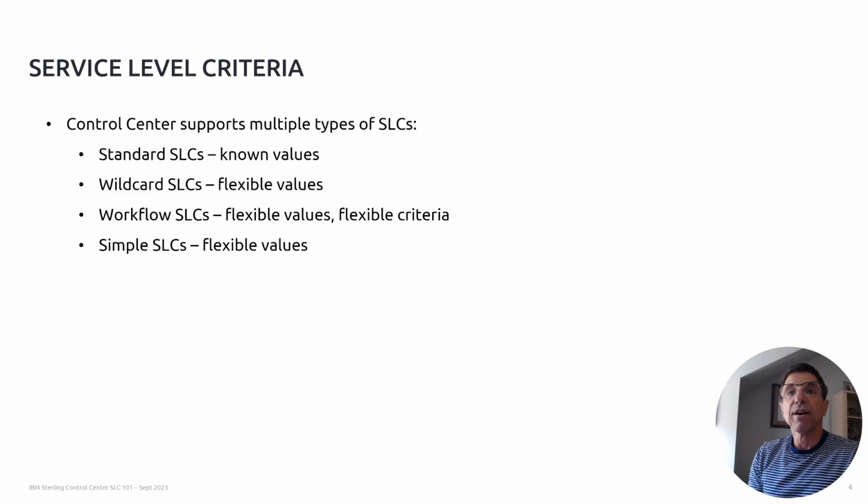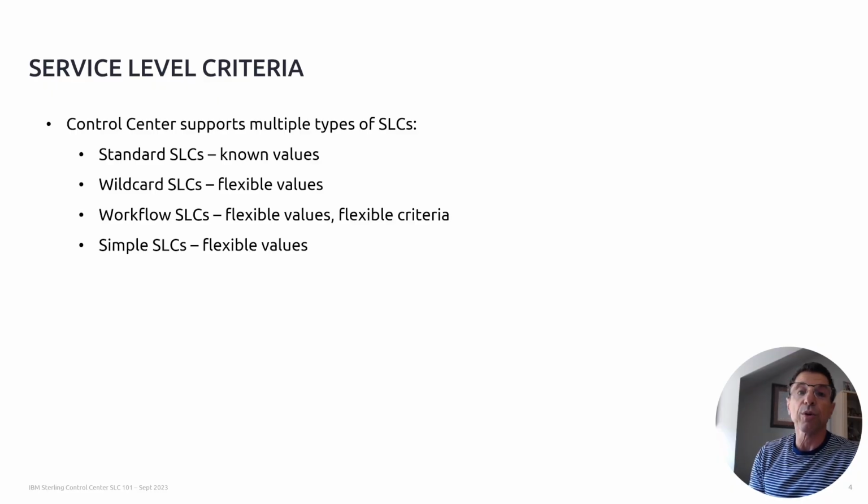There are many types of SLCs you'll come to learn when you go to set one up: standard, wildcard, workflow, and simple. Standard SLCs are used when you just want to specify a process name and you know the full process name, and a destination file name if you know the full file name, and you have a schedule.